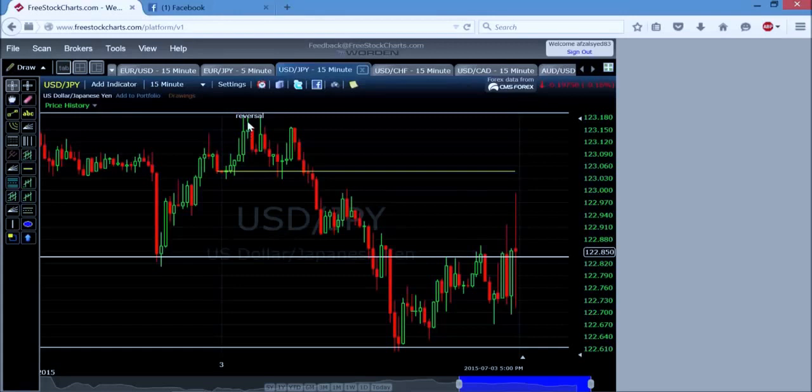So long wicks or shadows, small bodies, right? Or something like this. Look at here. So long wicks and a shorter body, even a smaller body, does not matter. So this means that there's a reversal happening. Either the price is going to go down or stay up. So wait for the next candle to open.